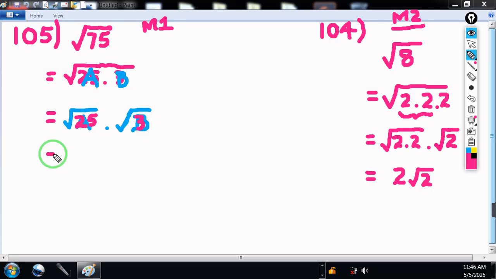This one, root of 25 is 5. Root of 3 is 1.732. So they don't want the actual value to significant figures or decimal places. So just maintain and keep it like that.